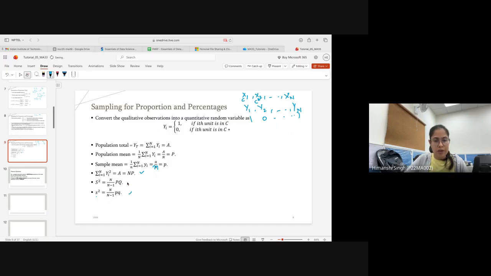This is the sample variance, and capital S square is 1 upon n minus 1 summation of yi minus y bar whole square, i going from 1 to n. So this is for the population. Okay, so this is capital S square and this is small s square. So this was about the sample, how to know the proportion of a particular class.